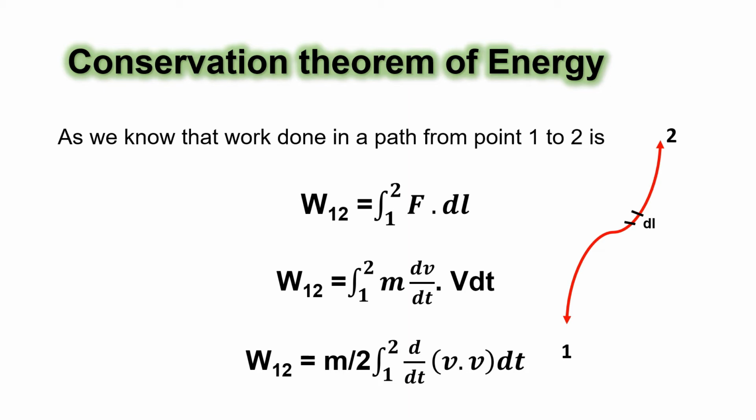Solving this integral, if one component of velocity is within the differential and one is with the dot product outside, that is solved as 1 by 2 into d by dt of v dot v. So we can write W12 is equal to m by 2 times the integral from 1 to 2 of d by dt of v dot v, dt.